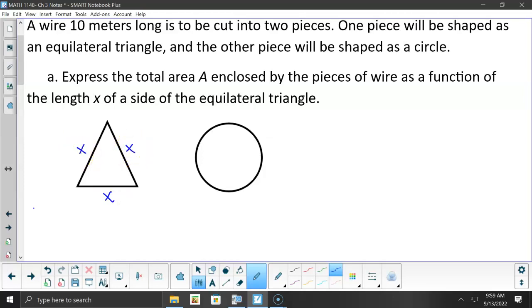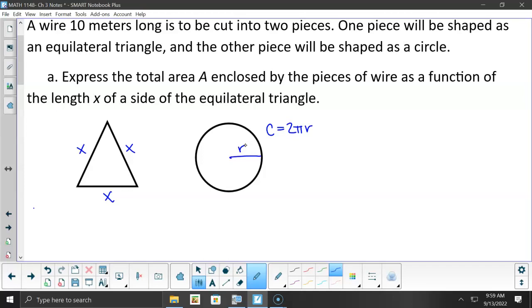All right. Now, when it comes to the circle, yeah, we're going to find a radius for it, but remember that wire is being bent all the way around it. Okay? So that's really my circumference. So I've got to have the circumference equaling 2 pi r, where r is some little radius.